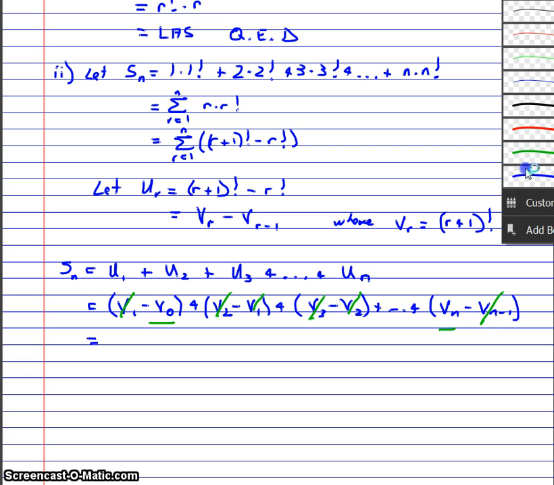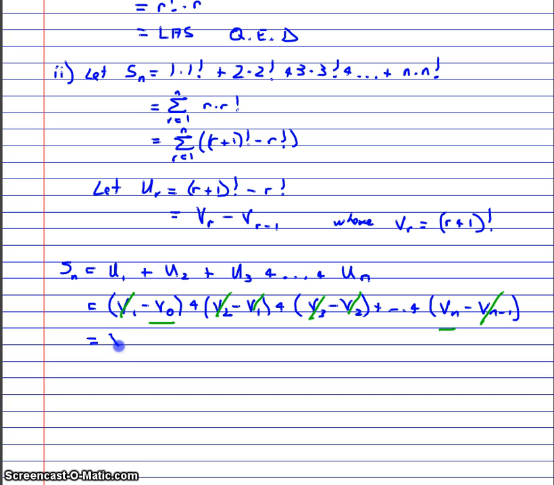So that means we'll be left with Vn minus V0, and we can substitute that in.